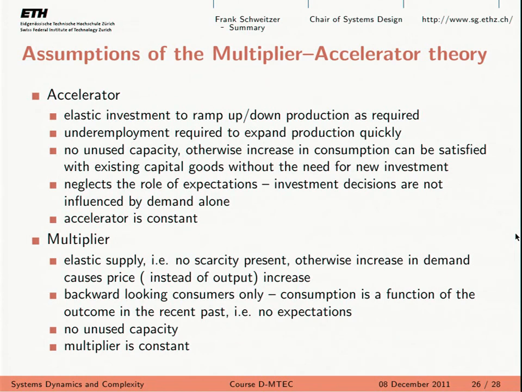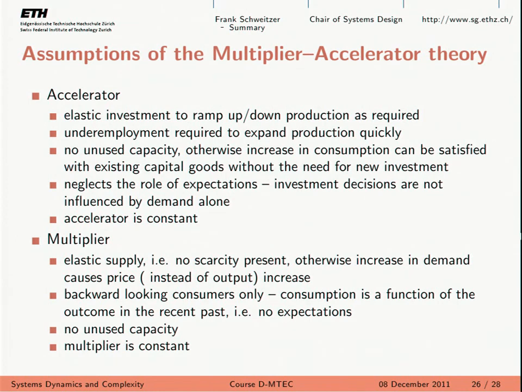I mentioned it already. Both of these concepts completely neglect expectations. We had very simple backward-looking consumers. They only cared about their last salaries, and we had very limited investors who only cared about the differential in the last two periods. There is no forward-looking in any way. Both accelerator and multiplier are constants.